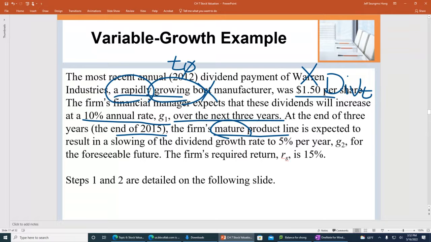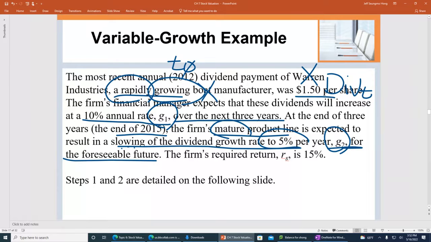So the growth rate will slow down. The mature product line is expected to result in a slowing of the dividend growth to 5% per year. So G2. This G1 and G2 is what I added in. That wasn't in the original text, but just to clarify, and for the foreseeable future.